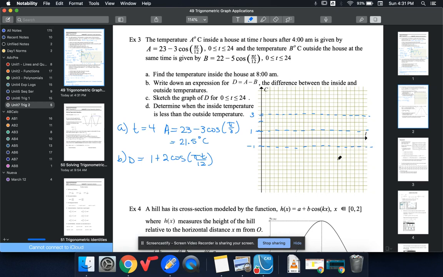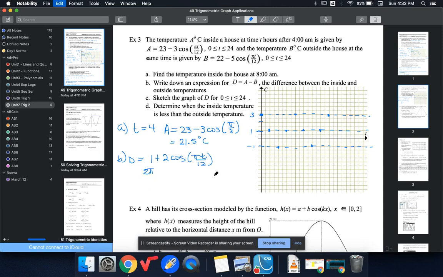All right. So if I'm going to graph this, cosine starts at its top. Well, 1 period is going to be 2 pi divided by my pi over 12. So 1 period is going to be 24 hours, which is where I wanted to graph the whole thing. So I could do it the way I wanted. I should have started that way.